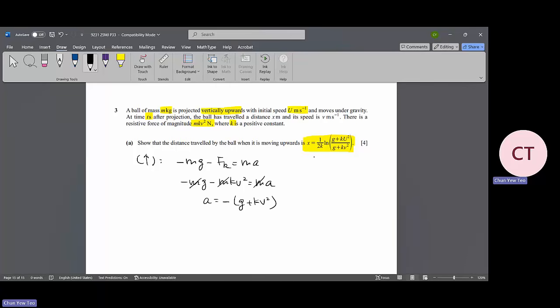Okay, so you're looking for x in terms of v. So I need to convert my a as v dv/dx equal to the negative of g plus kv squared. So just do the separable variables. Then you get this.